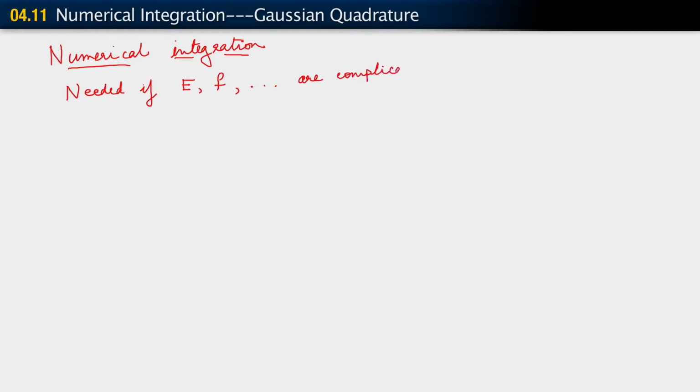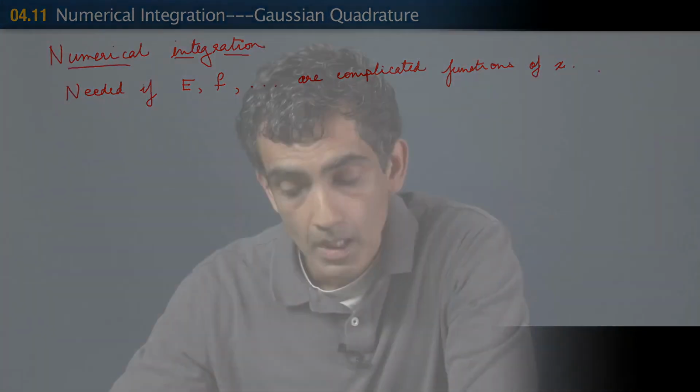We're not really talking about getting into the complex space here, but we need them if E and F and so on are complicated functions of position x.